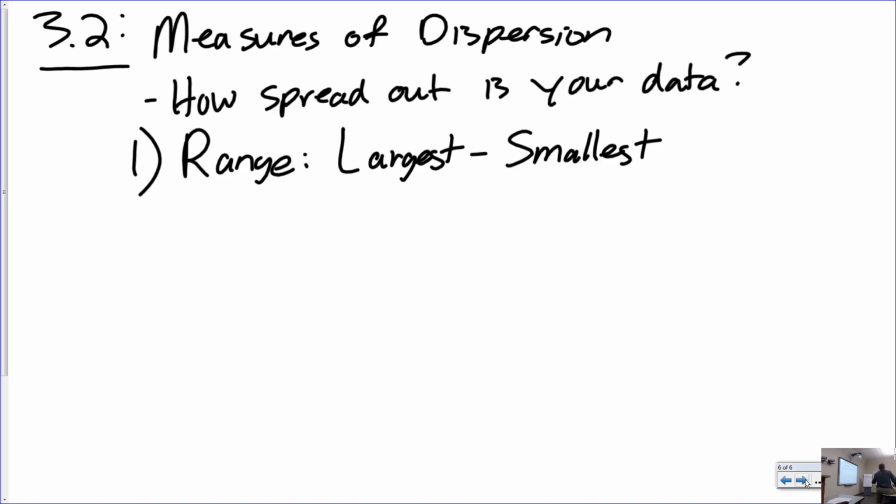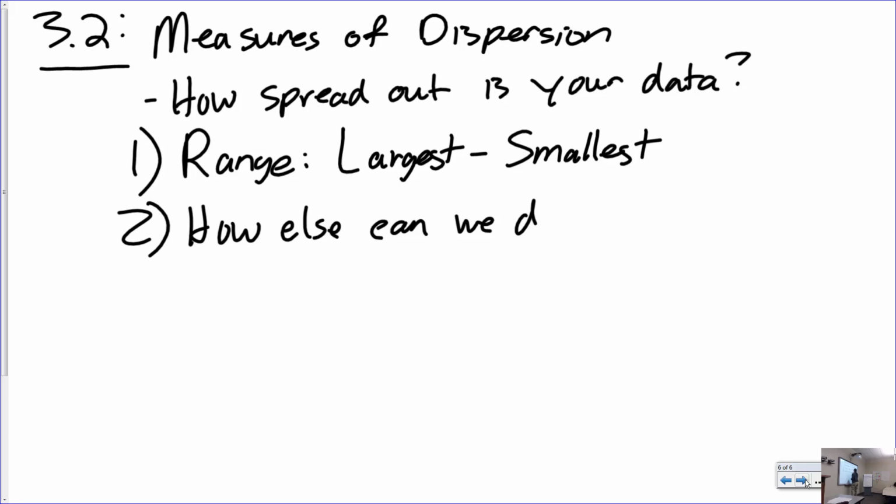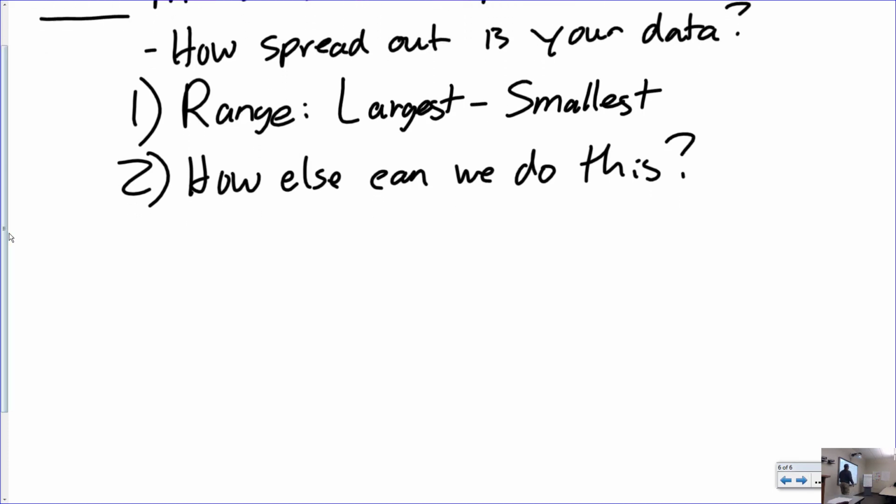So one of the things that you may try and do is to try and figure out how far away your data is from the middle, right?